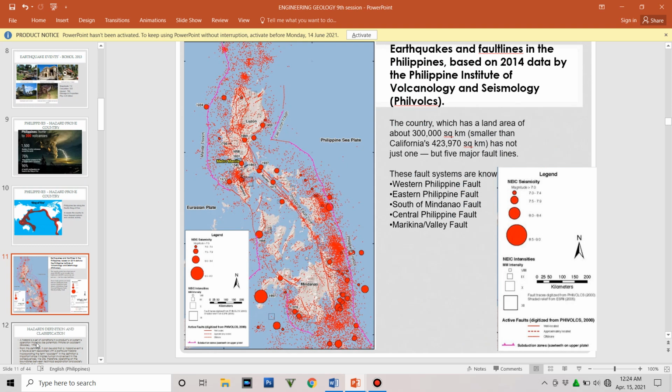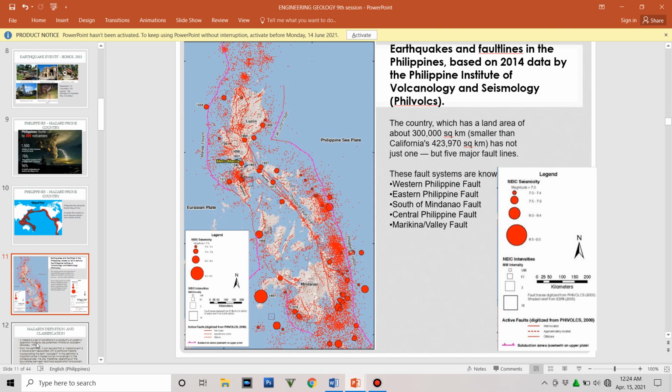So isang fault lang yan, but they are interconnected. So there are major fault lines. So the red dots here are NEIC seismicity, or what we call National Earthquake Information Center seismicity. So it refers actually to the magnitude.